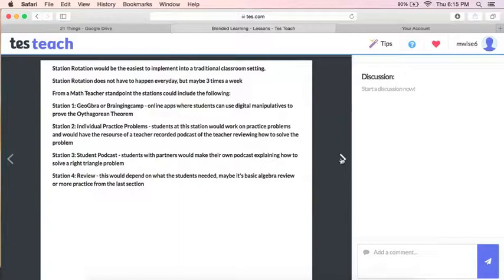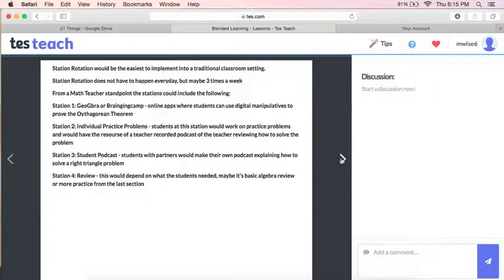Station 3, incorporating from the first video, could be a student podcast. So using that Show Me app, students with partners would make their own podcasts and explain how to solve the right triangle. And then Station 4 would just be a review. This would depend on what the students needed. Maybe they needed a basic algebra review or more practice from the last section.